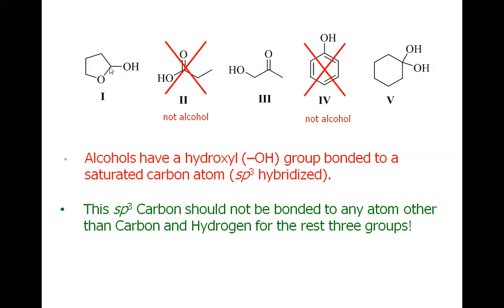If the rest of the three groups are other than carbon and hydrogen, that is, the carbon is connected with oxygen or nitrogen, then again that molecule will not be an alcohol. Or the other way around, we could say the sp3 hybridized carbon connected to the hydroxy, and the rest of the three groups must be directly connected to carbon or hydrogen, then in that case the molecule is called an alcohol.